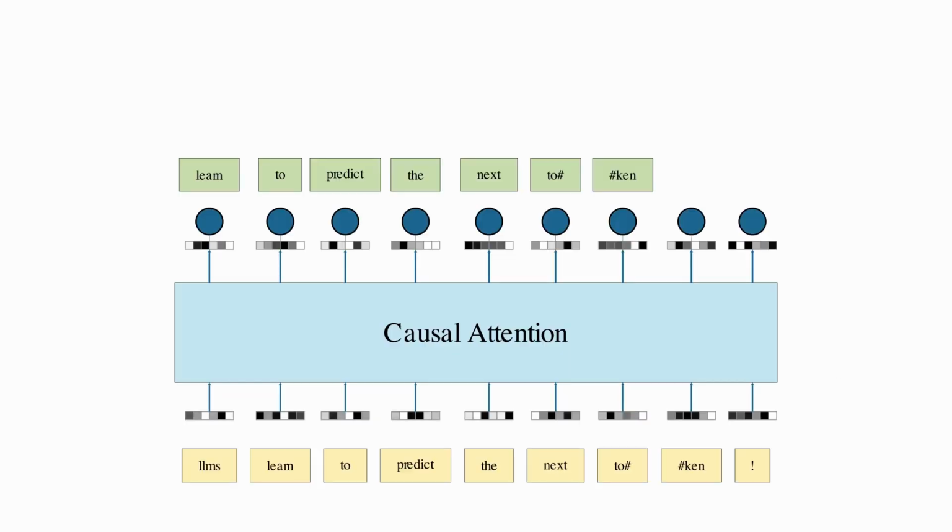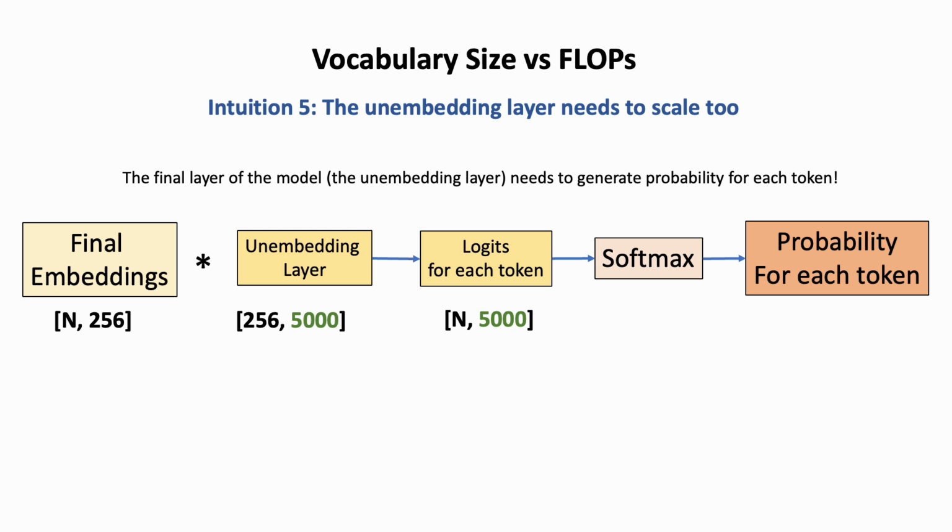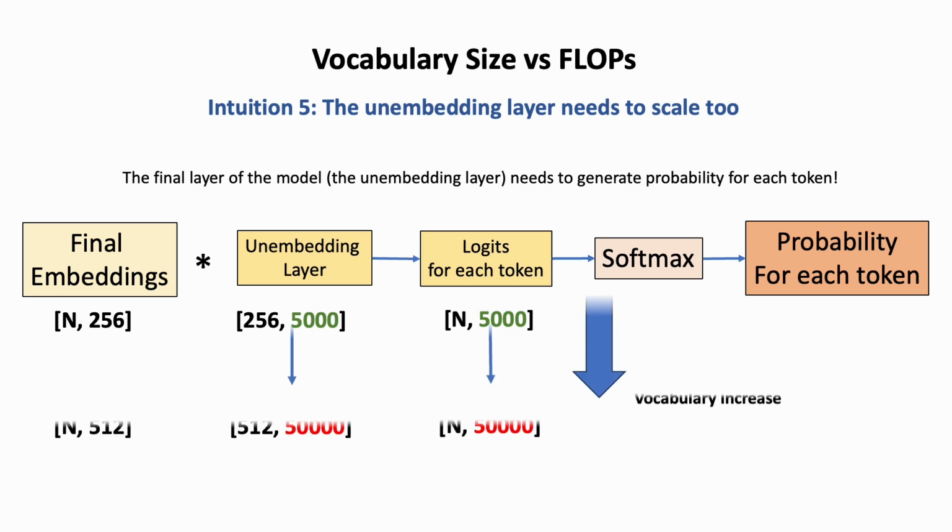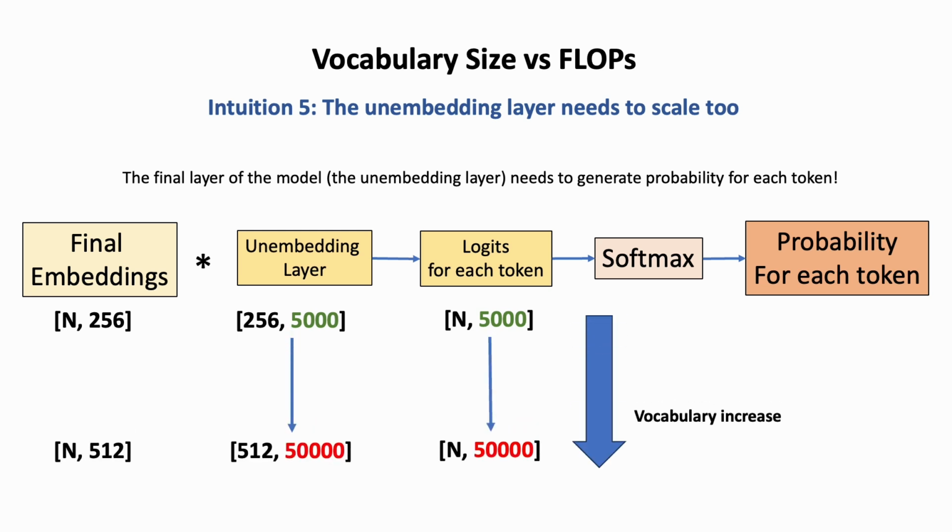Also, the last layer of the network will need to do a larger matrix multiplication for each token. What earlier used to be a 5000 by E weight matrix will now be a 50,000 by E weight matrix. More flops during forward propagation means more gradients, and more flops during back propagation to update the additional weights.